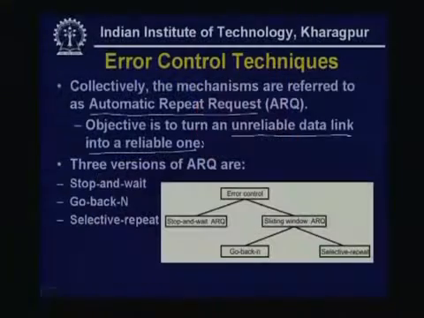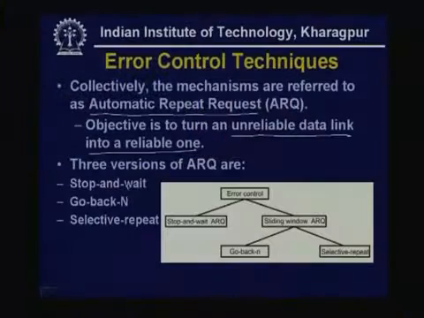Error can always occur, although the reliability of the transmission media is improving with time. However, there is always some probability of error. So, in the error prone environment, our objective is to perform reliable communication. That can be done by using these error control techniques.